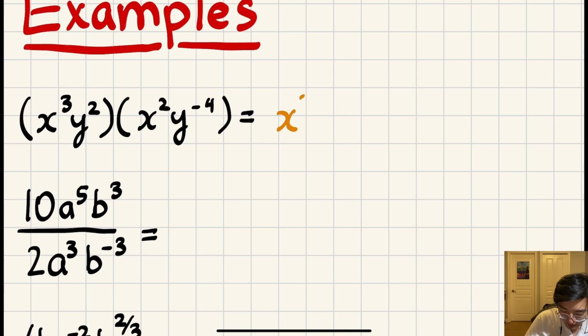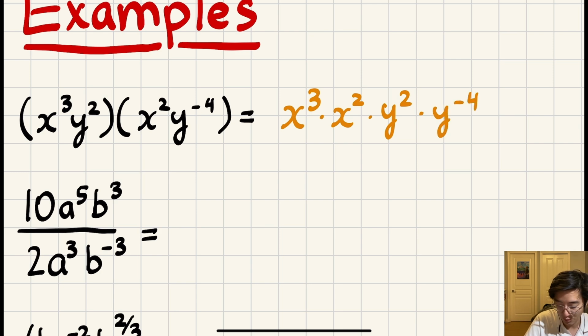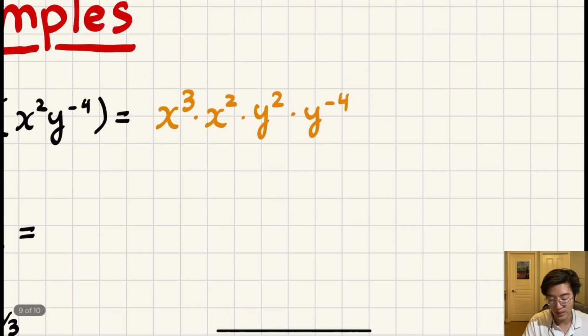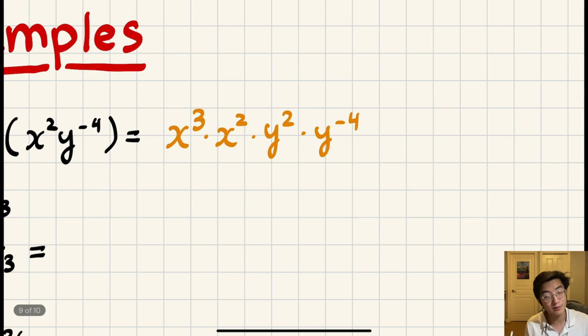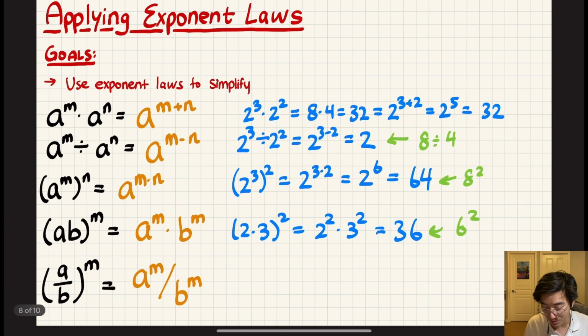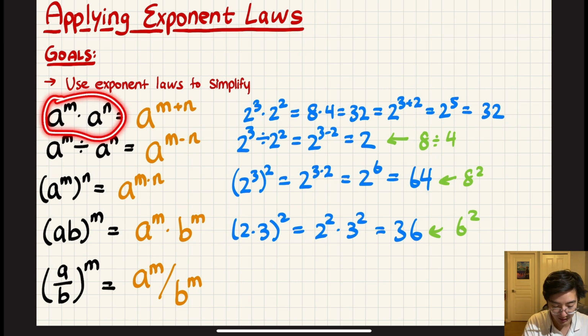So in this case, we can rearrange all the bases together. So x cubed and x squared get together, and y squared and y to the power of negative 4 together. And from here, once again, we'll use our exponent laws. We knew from earlier that with the same bases, when you multiply them, we're just adding exponents.